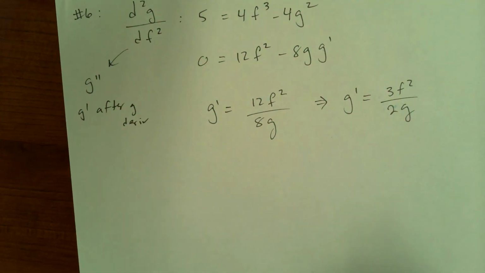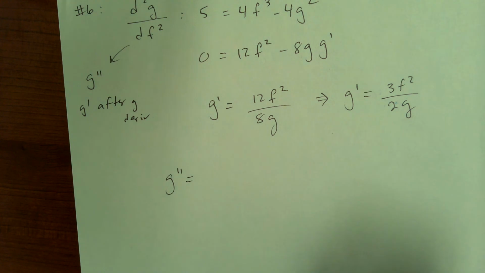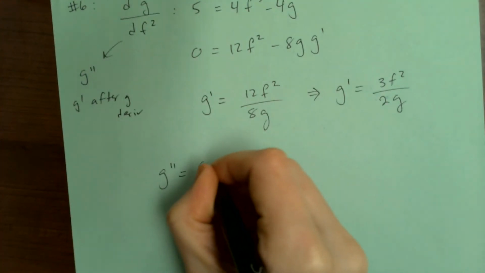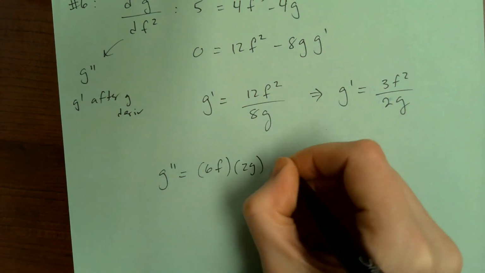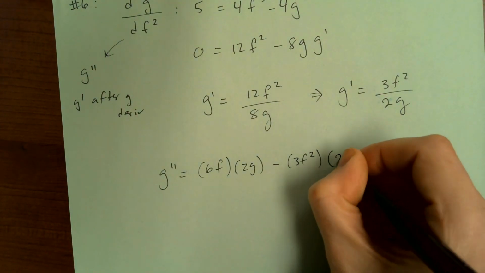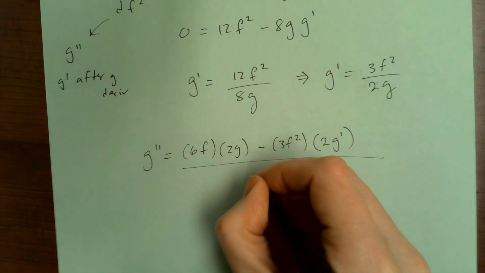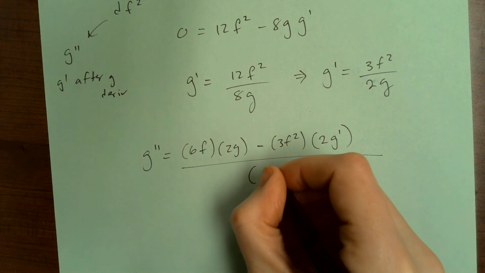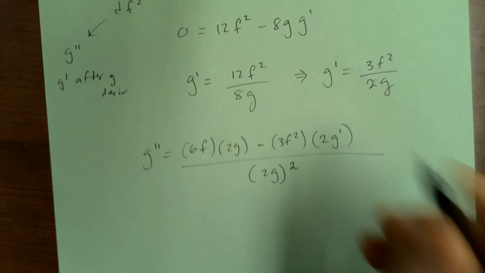Now I will use the quotient rule for the second derivative. So 6f times 2g minus 3f squared times 2g prime, all over 2g squared.